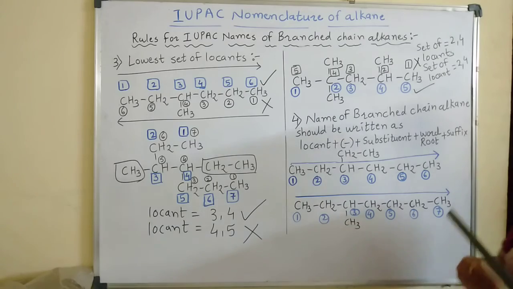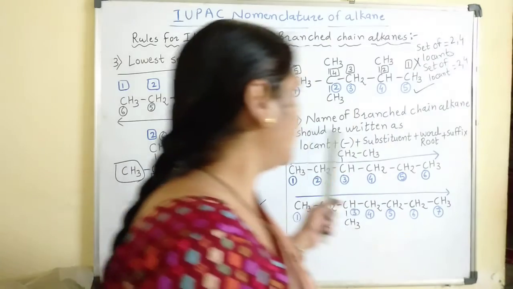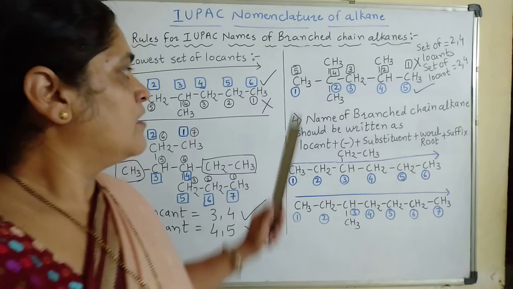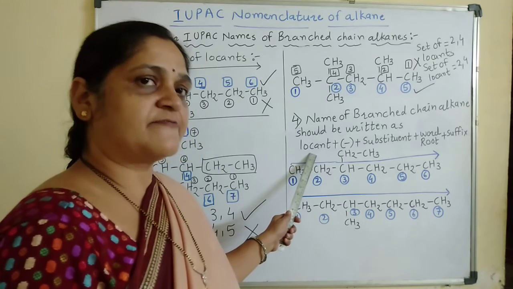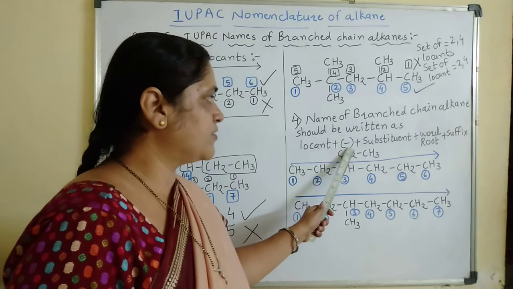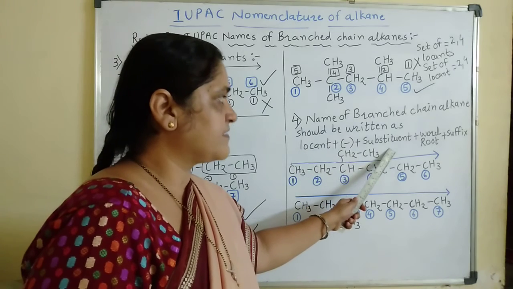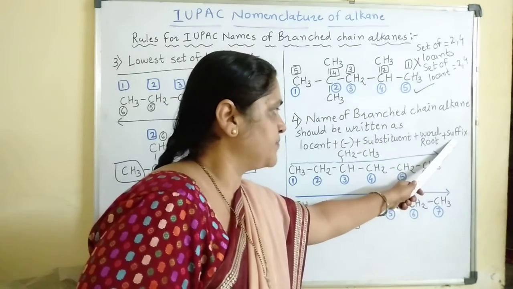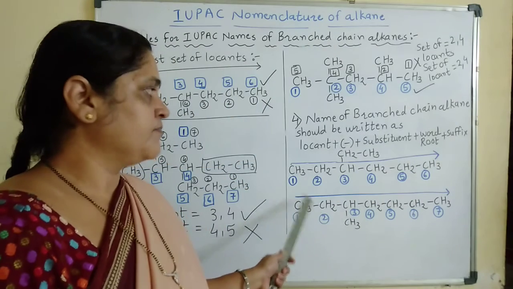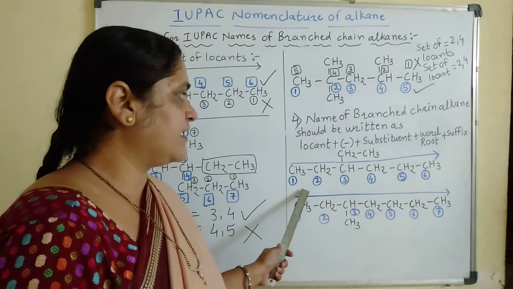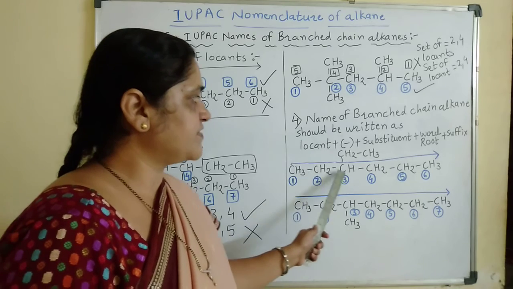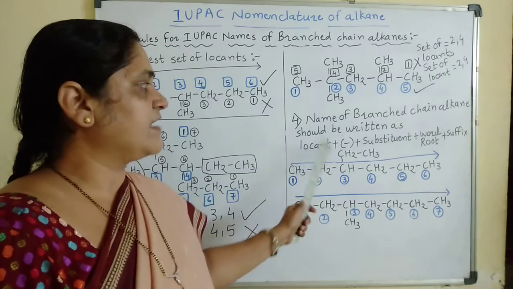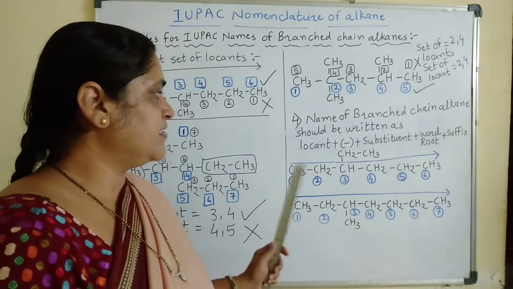Now the next rule, that is the name of branch chain alkane, how we are going to write. First we have to write locant, that is positional number. Then put the hyphen, then substituent name, then word root and then suffix. Now take this example. Here you are getting CH3, CH2, CH, CH2, CH2, CH3 and this CH is carrying 1 branch. Now numbering how we have to done?